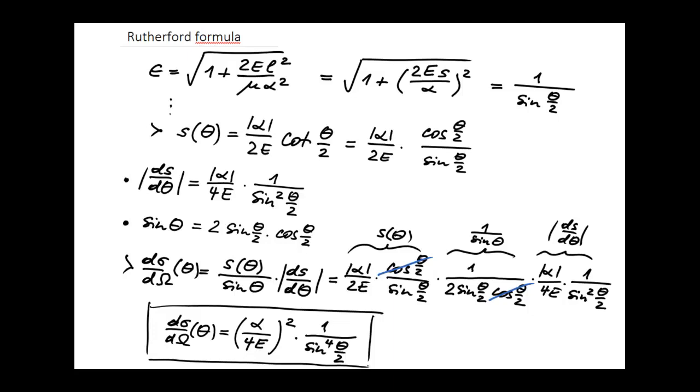So it does not give any hint that there should be something like quantum mechanics, because it turns out, and that's a funny coincidence, that when you derive the differential cross-section in quantum mechanics for the Kepler potential, you get exactly the same formula. So there's no difference between the classical and the quantum mechanical formula for the differential cross-section. So from that experiment alone, you cannot deduce yet that there is something wrong with classical mechanics.